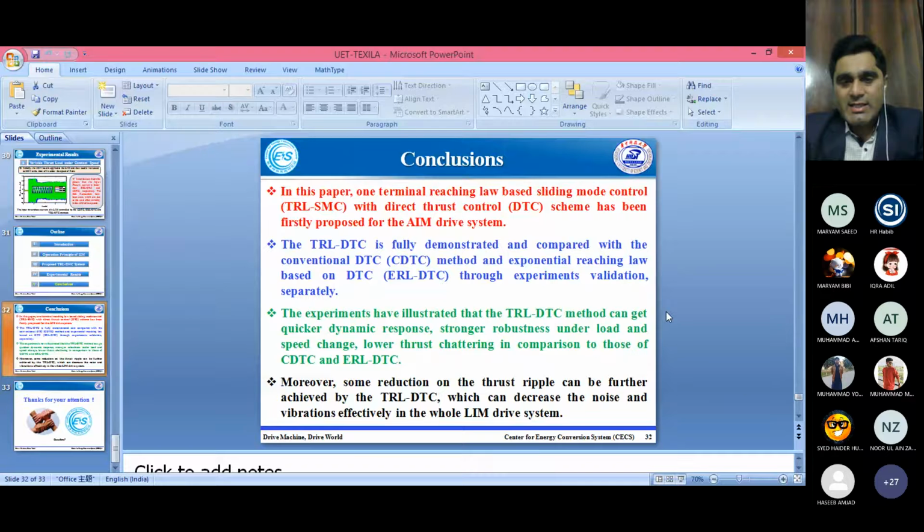So in this presentation, we can say that the terminal reaching law based slide mode control with the direct thrust scheme has been firstly proposed for LIM, the linear induction machine drive system, and we have demonstrated and validated it using experimental analysis and numerical analysis.